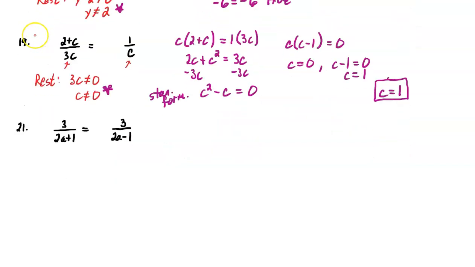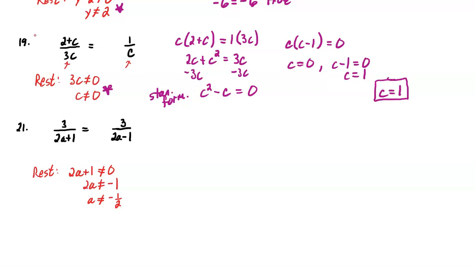Now, number 21. There is a variable in the denominator, so we have to consider restrictions. One denominator is 2a plus 1. That's not allowed to equal 0. Subtract 1 from both sides, making negative 1, and then divide by 2 on both sides, getting negative 1/2.